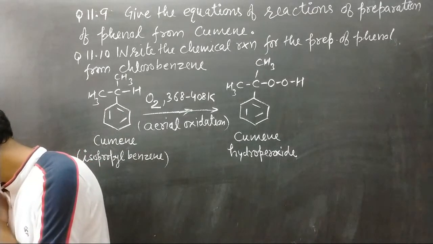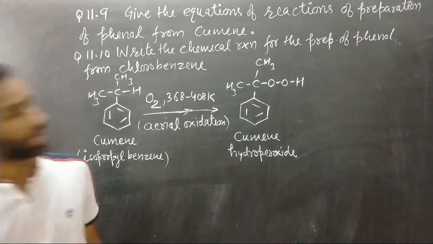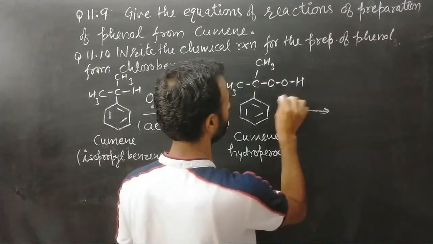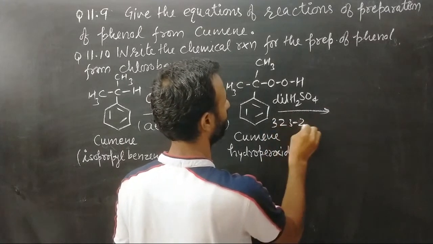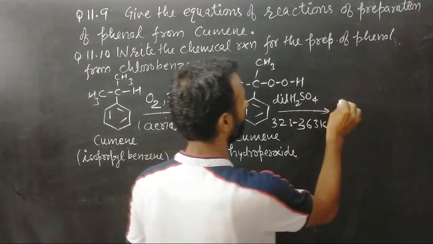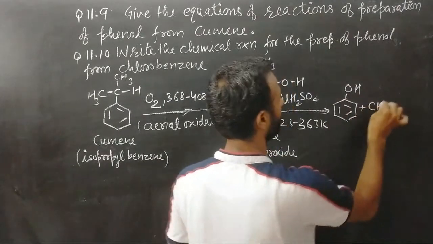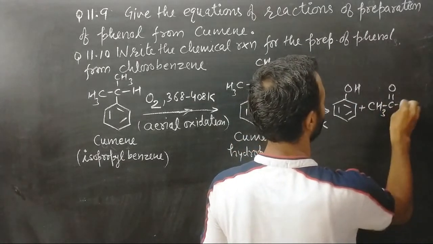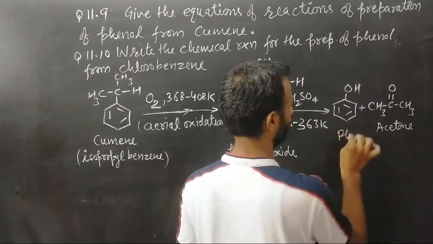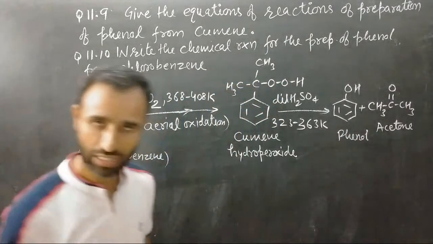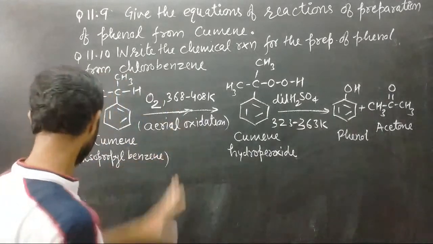Cumene hydroperoxide, which on hydrolysis with dilute H2SO4 at 323 to 363 Kelvin, we get phenol along with acetone as the side product. So this is also known as the cumene process. Okay, this is the first one.